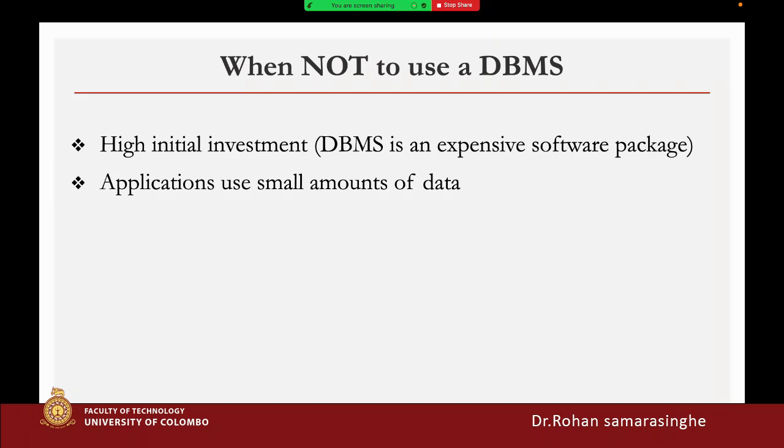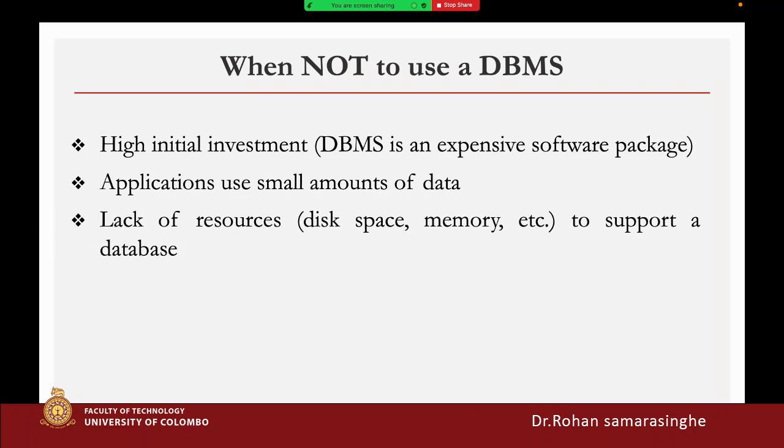So consider a small industry with only 10 employees, and they don't have a large number of customers, only a few. In such a case, investing in an expensive DBMS is useless. The application uses only a small amount of data. In such a case, any other method is more profitable to use.